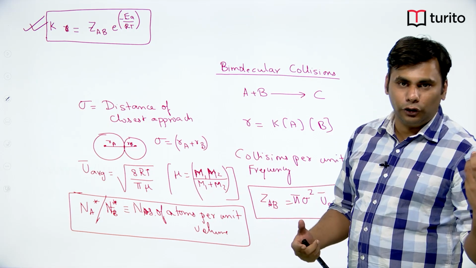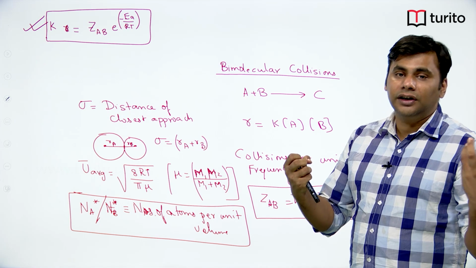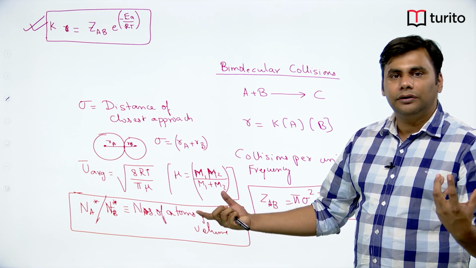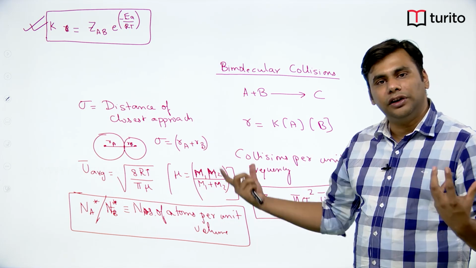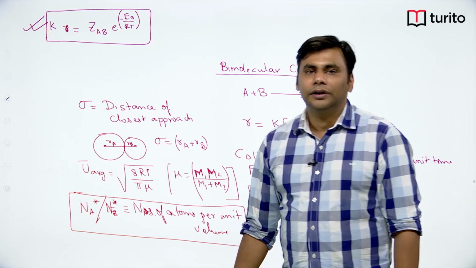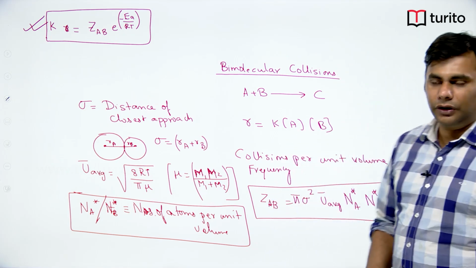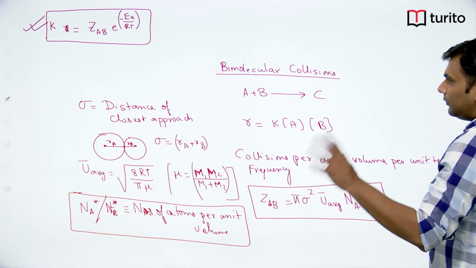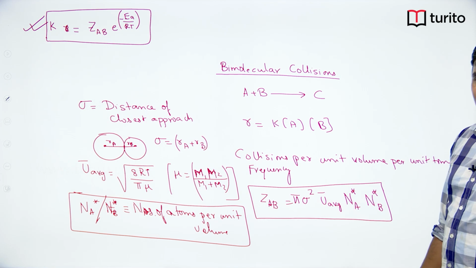So the total number of collisions and the fraction of collisions that bring about the change of reactant into product, the product of these should be the rate constant. So this was the basic work that was done through collision theory.